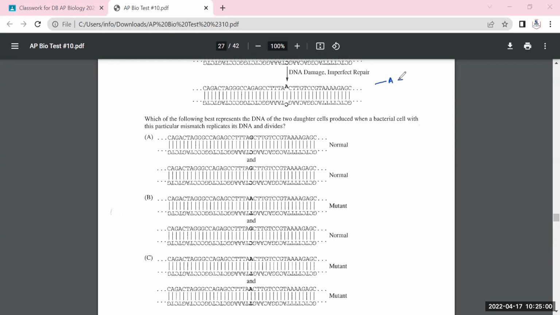The top strand would get A, the bottom strand would get C. And then what happens at the bottom? You get something like G. 39 is B.